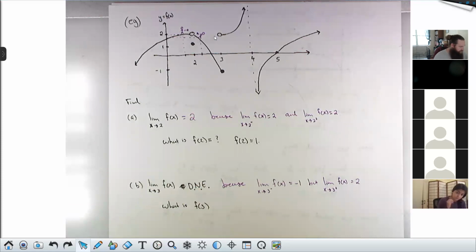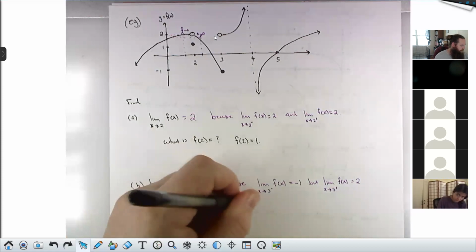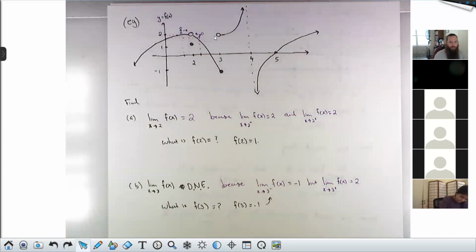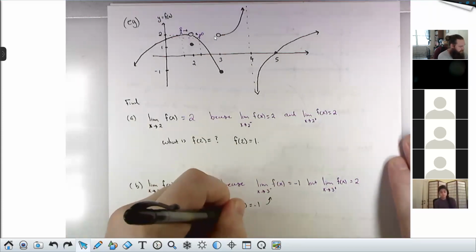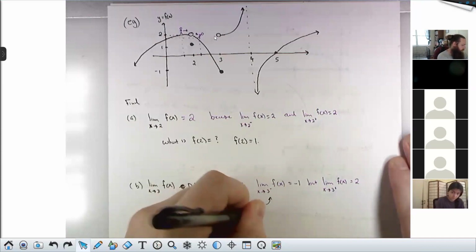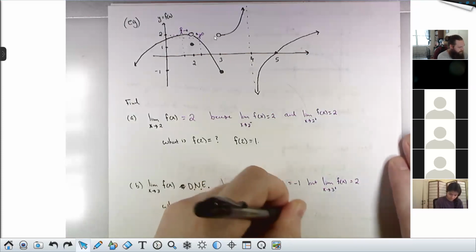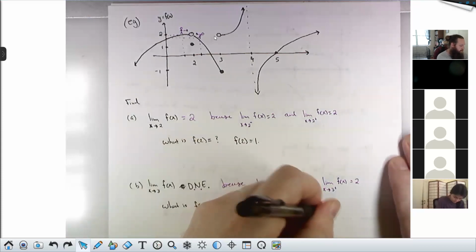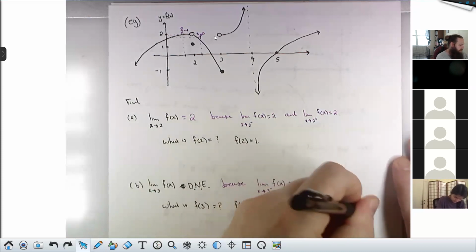-1. Very good. F of 3 is -1, which happens to match this limit. And the term for that, we would say that this function is continuous from the left at x equals 3.